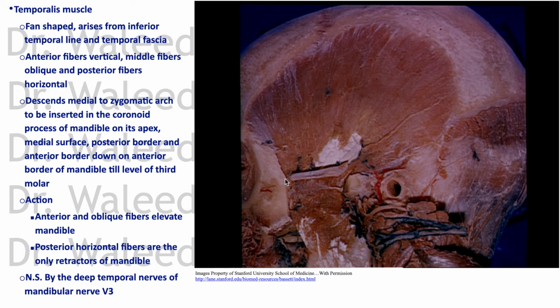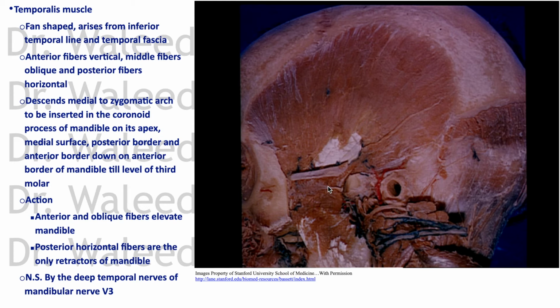Okay, the action of the muscle, if you think about it, the anterior and the middle parts, essentially I said for elevating the mandible, and of course this means closing the mouth, and the posterior fibers for retracting the mandible. Retraction and protraction are movements occurring in the TM joint.